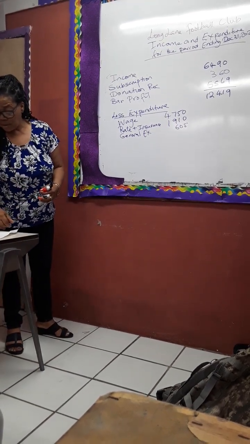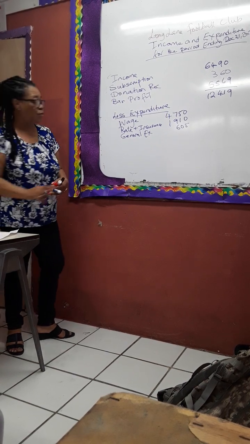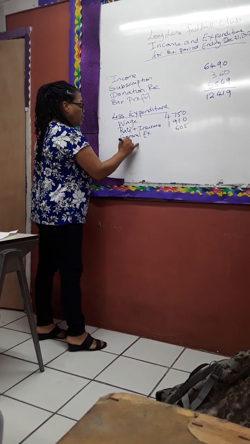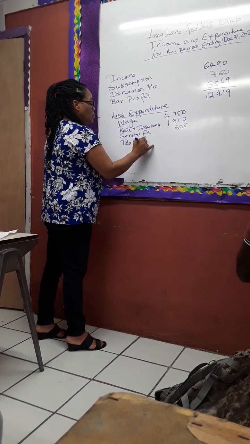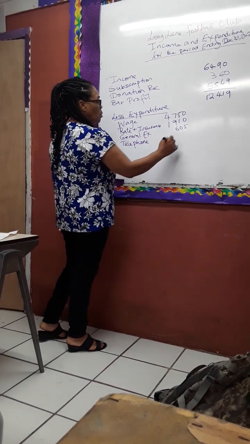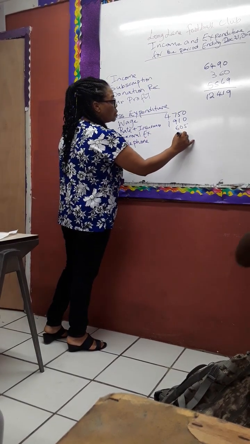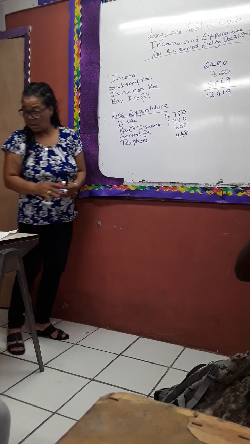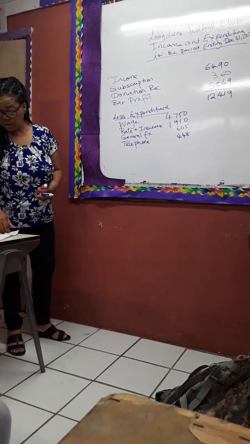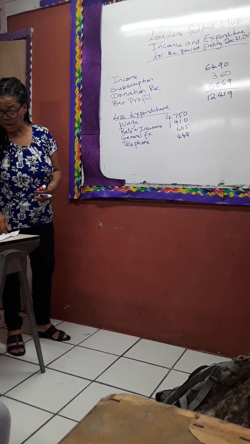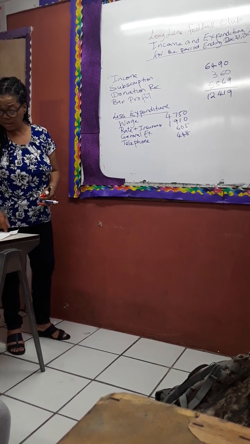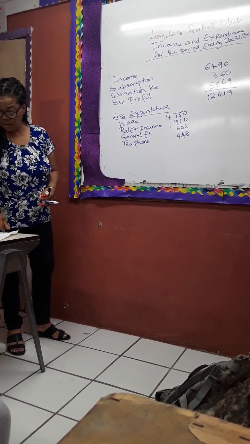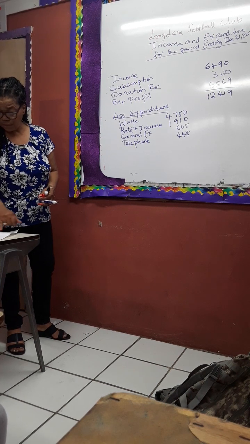I see telephone and postage. What's the figure for telephone and postage? 448. Okay, so those are all the expenses I see right here: wages, rates and insurance, general expenses, telephone and postage.